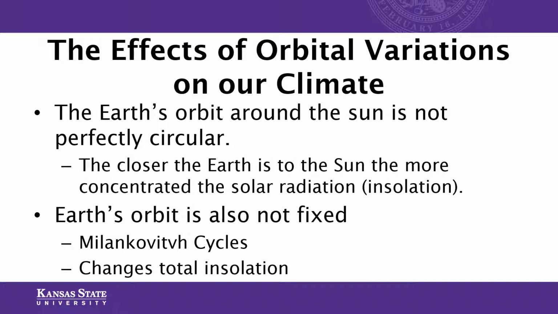So these orbital variations have made a big difference in conditions on the Earth during the period of time in which humans have inhabited it. These variations in orbital cycles are what have led to things such as ice ages or periods of increased tropical temperatures throughout the Earth, because the orbit of the Earth has changed.